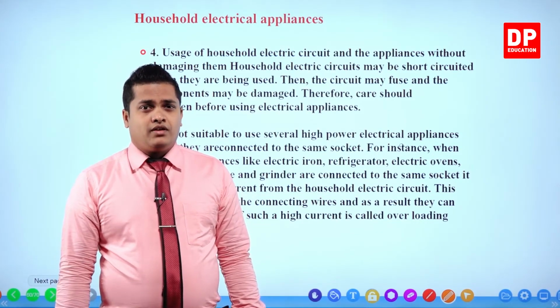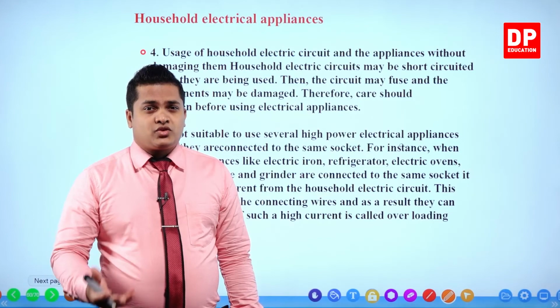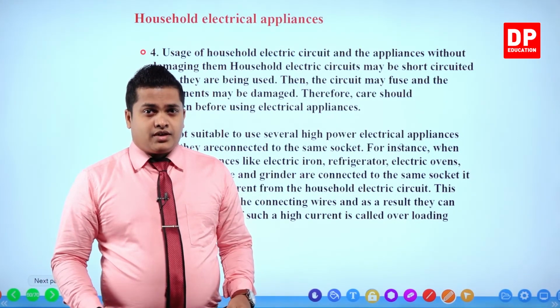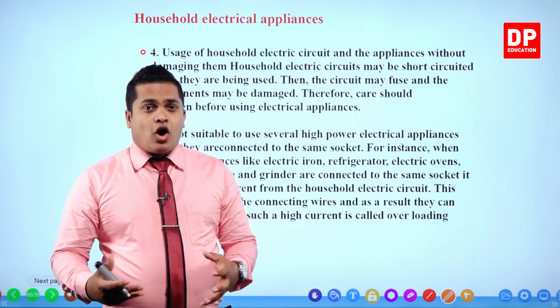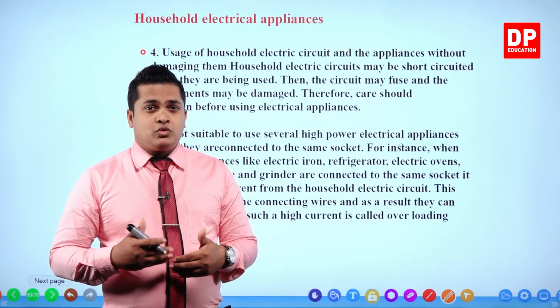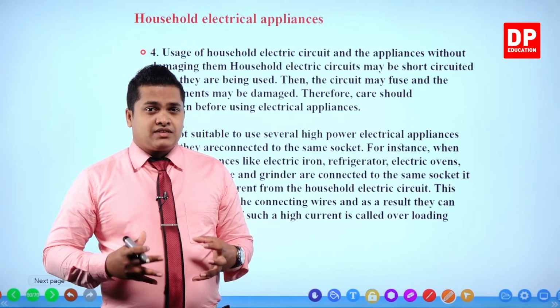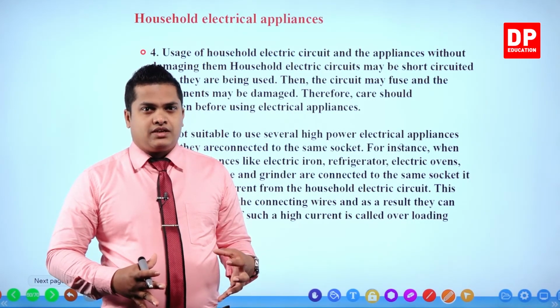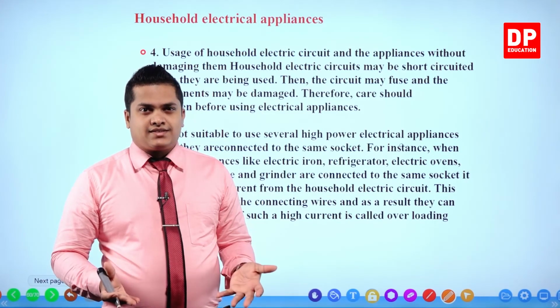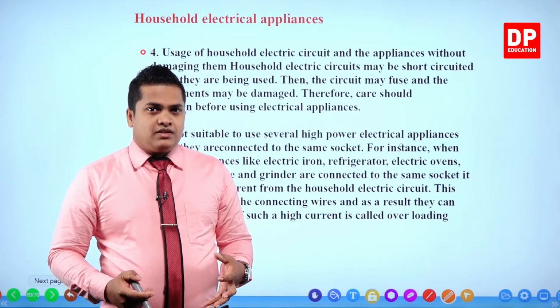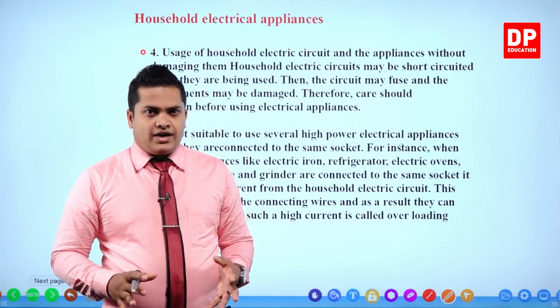However, if you are using a rice cooker, a refrigerator, a grinder, a mixer, a hot plate, electrical appliances that use a heavy amount of electricity, like in the heating cases, I told you that in heating equipment the electricity consumed is very high.